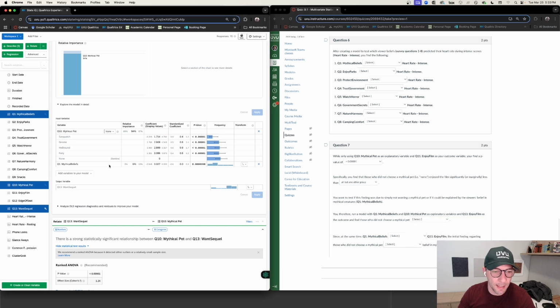So for me, I see mythical beliefs significantly predicts, and it looks like none significantly differs from all other groups.